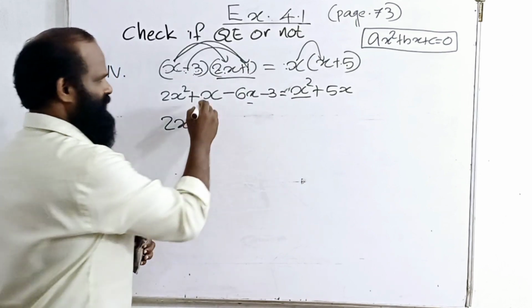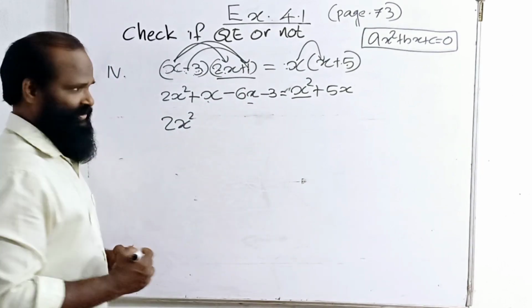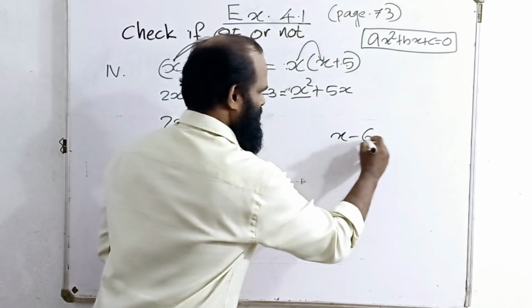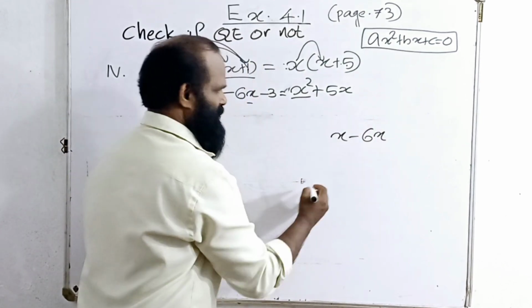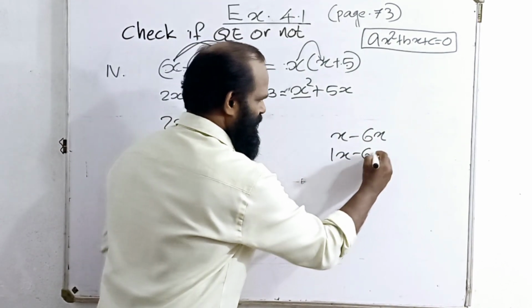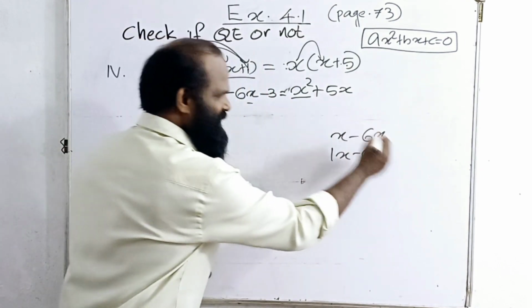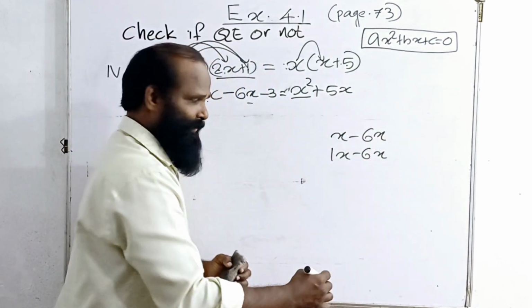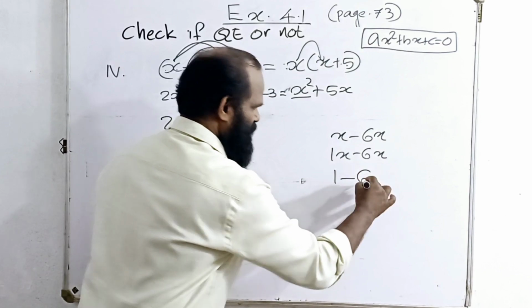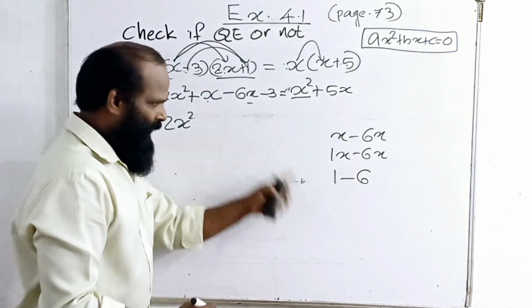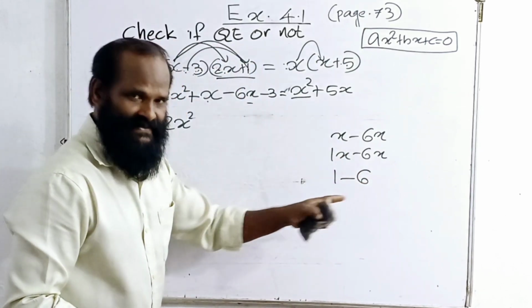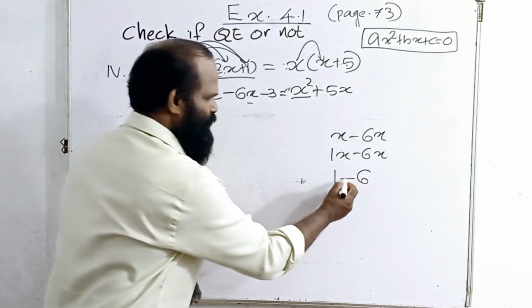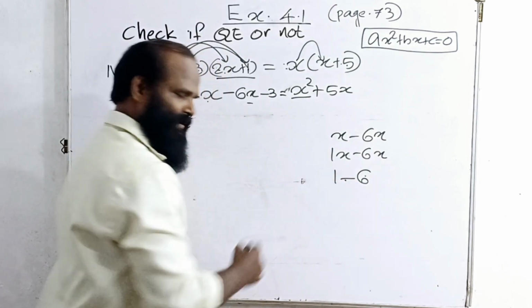I told you the subtraction of this kind in the previous question. x minus 6x means 1x minus 6x. So let us avoid the variables. Condition may look something like this: 1x minus 6x means 1 minus 6. 1 minus 6 means subtraction of a bigger number from a smaller number.